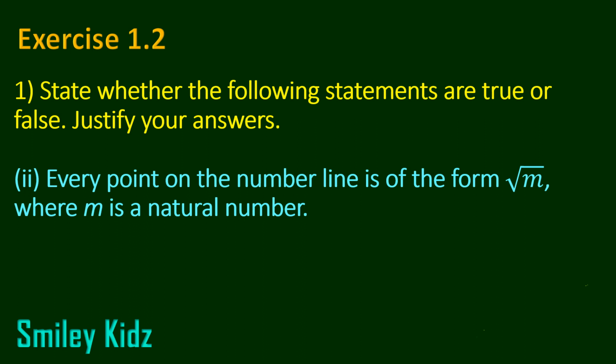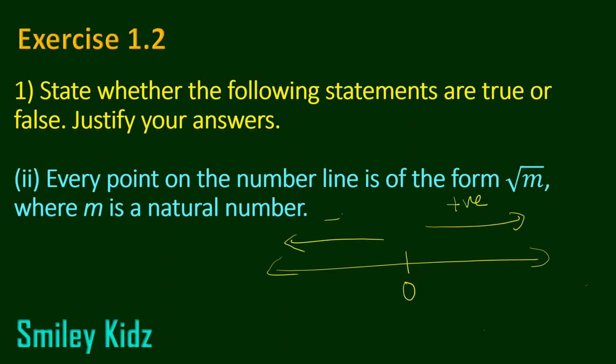Let's see statement 2. Every point on the number line is of the form root m, where m is a natural number. Let's say this is the number line. In the center we have 0. To the right we have all the positive numbers. And to the left we have all the negative numbers.